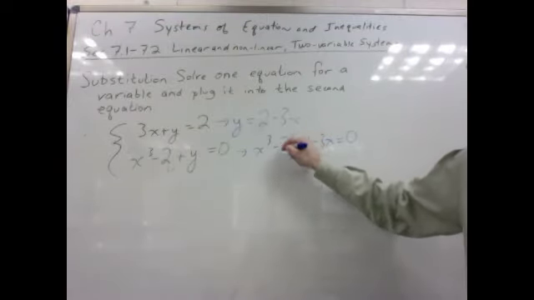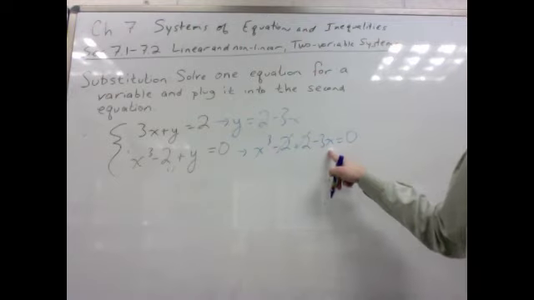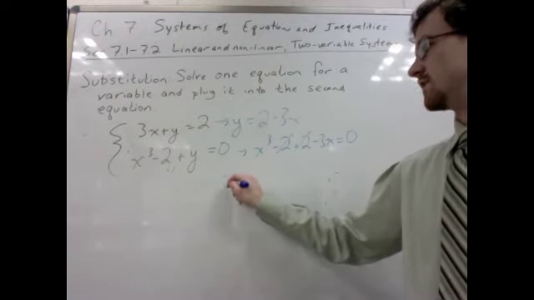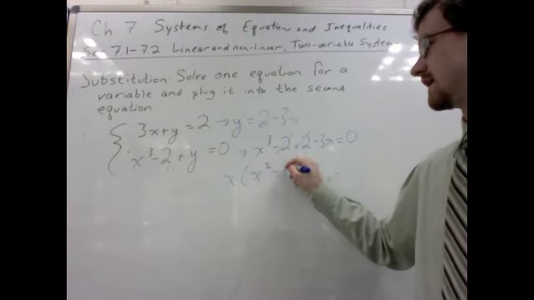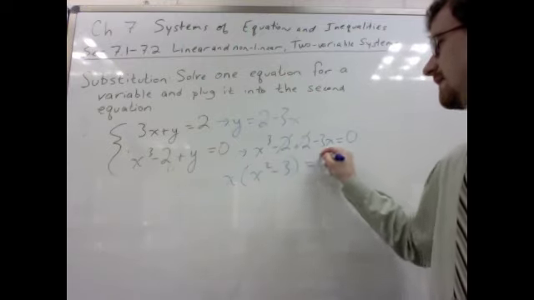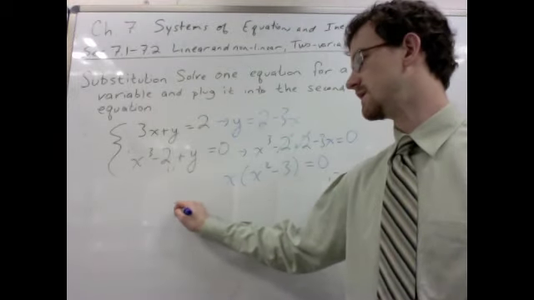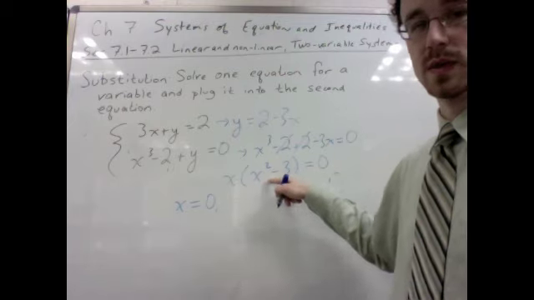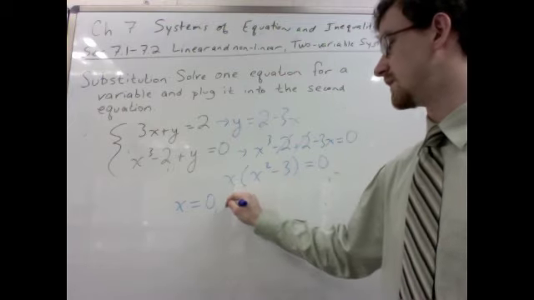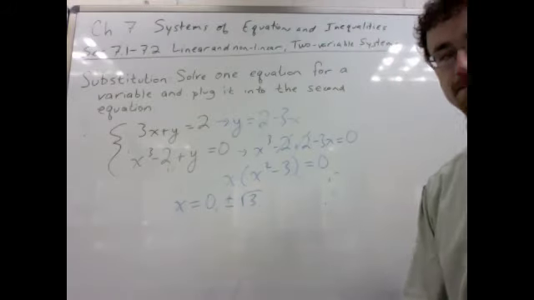Minus 2 plus 2 is, of course, 0. So we're left with x cubed minus 3x, which we can factor, pull out an x, leaving us with x times (x squared minus 3) equals 0, which yields these solutions: x equals 0, or x squared minus 3 equals 0, which gives us plus or minus root 3.